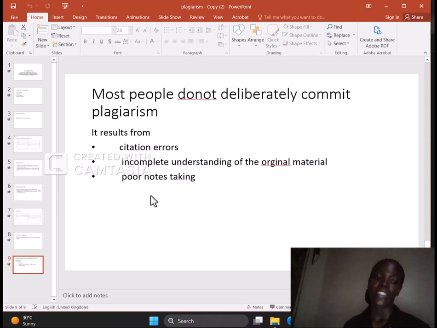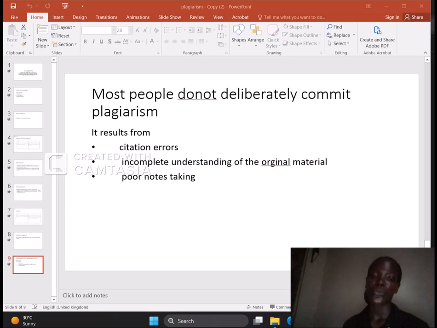That is why in most cases it results in accidental plagiarism. So when you're taking notes, you have to be careful, because sometimes you may do your work very well, but then you write it wrongly, meaning your notes are not proper and not properly organized.